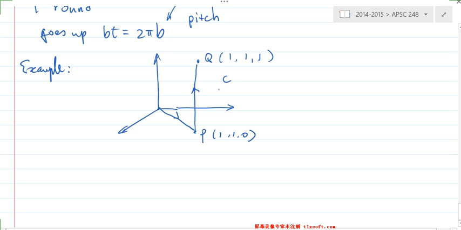Maybe you can call this C1 and this C2. Can you construct a parametric equation for curve C1 and curve C2?